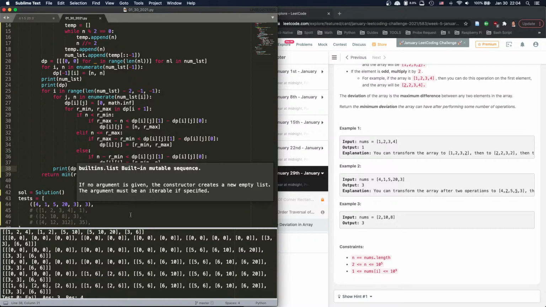And then this one will be 6, 5, 6, something, 3, 5.